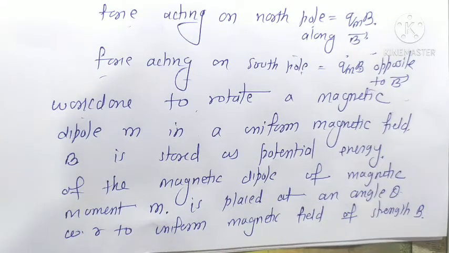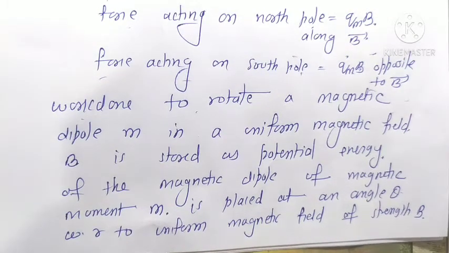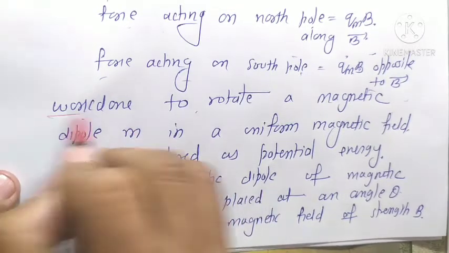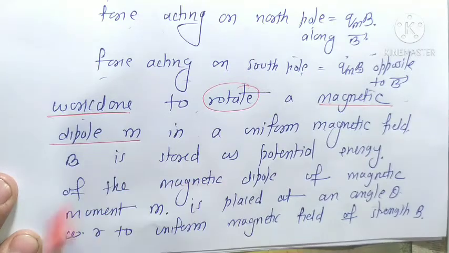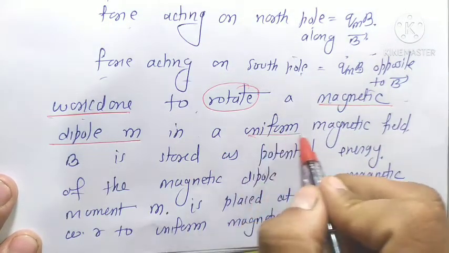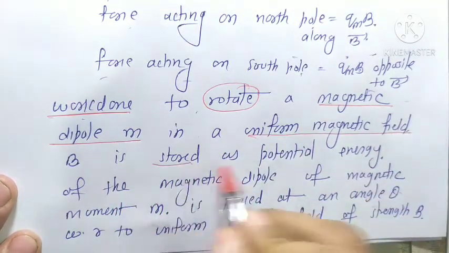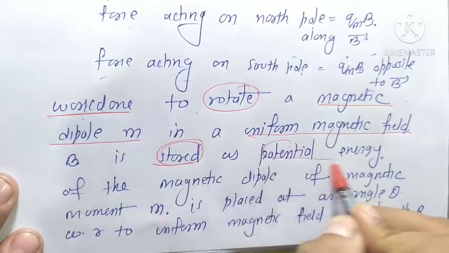I repeat again what we do here. The work done to rotate a magnetic dipole M, I mean this bar magnet, in a uniform magnetic field B is stored as potential energy.